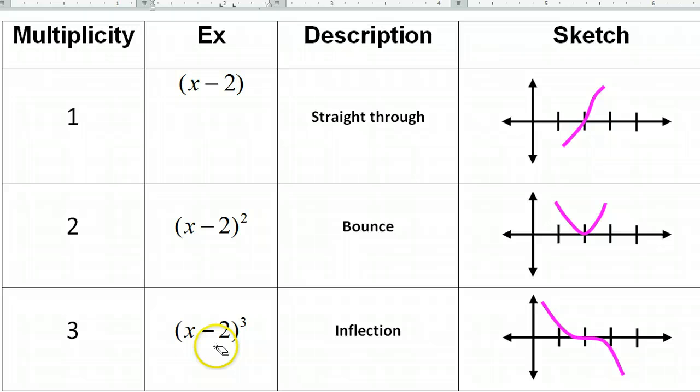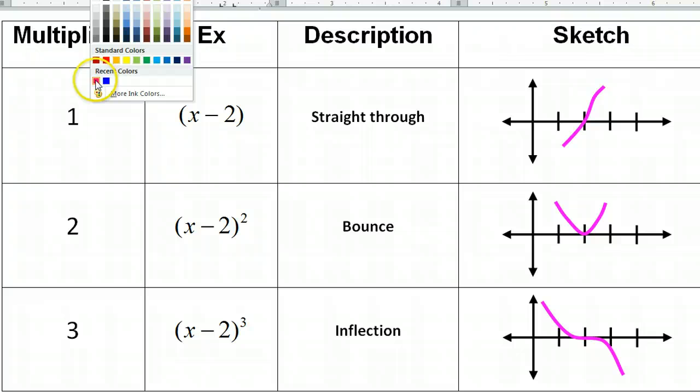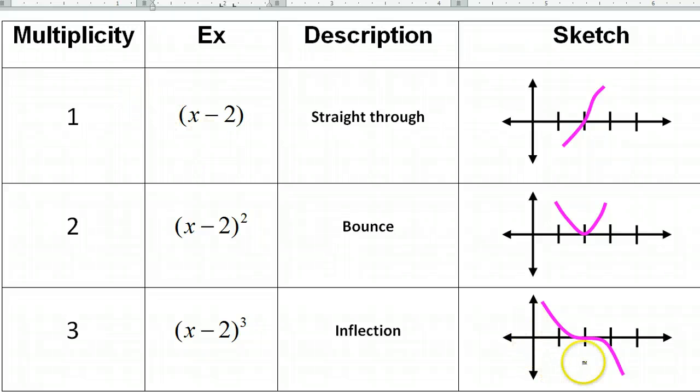Now, if it is a triple factor, then we have what's called an inflection. Now, technically, an inflection works very much like two halves of a parabola, but moving in a different direction. So here we have this is going to be the x-intercept. Now you can see basically that we have sort of a parabola shape happening right here.